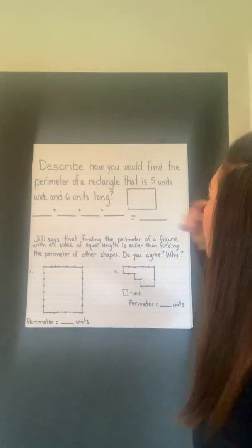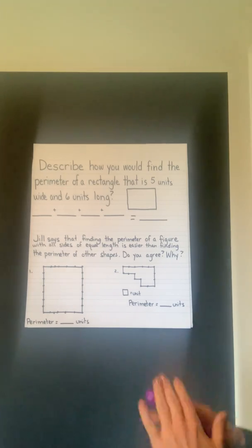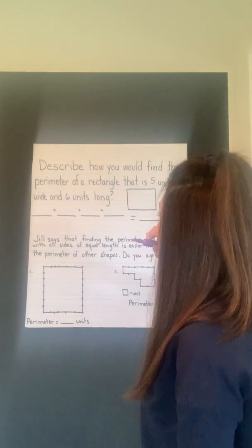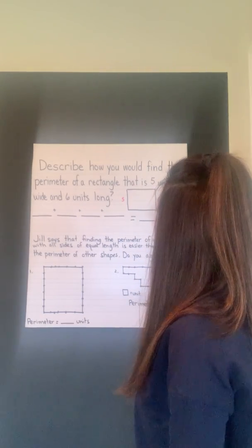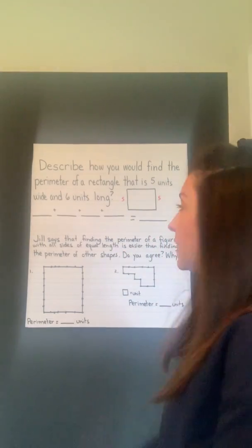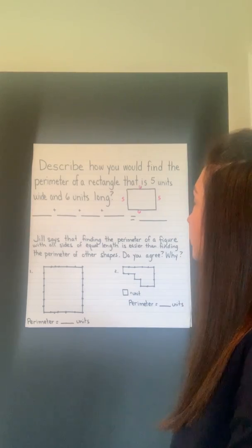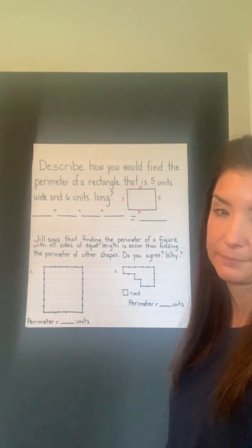All right, so describe how you would find the perimeter of a rectangle that is 5 units wide versus 6 units long. So wide, 5 units wide, 5. What's on one side is going to be the same, and 6 long. Think about it. What would we do? What are we going to put in here? Tell me.